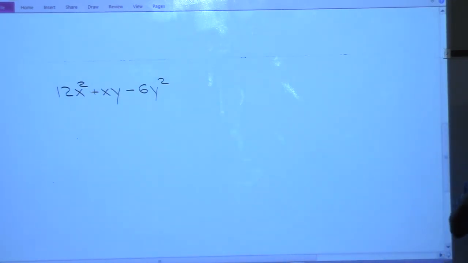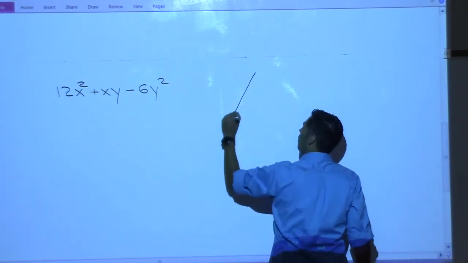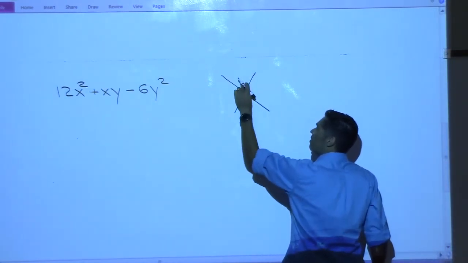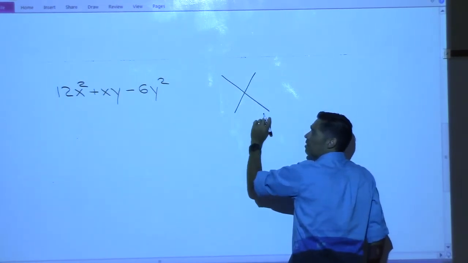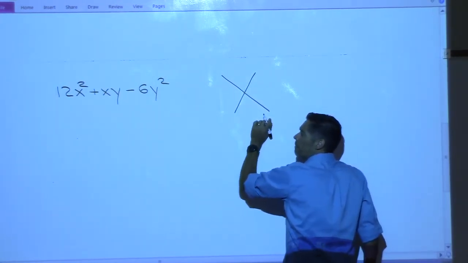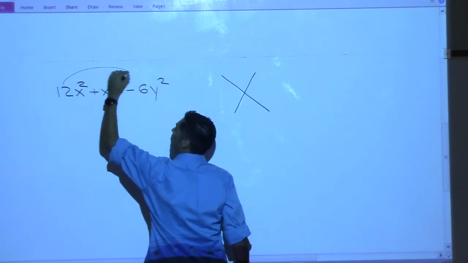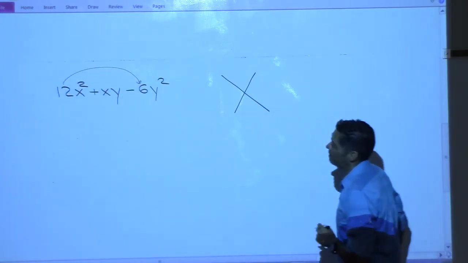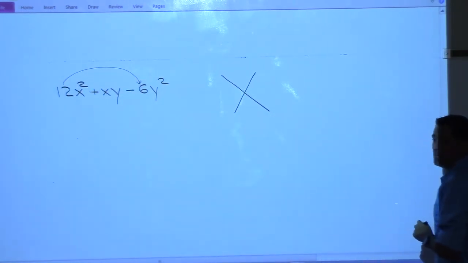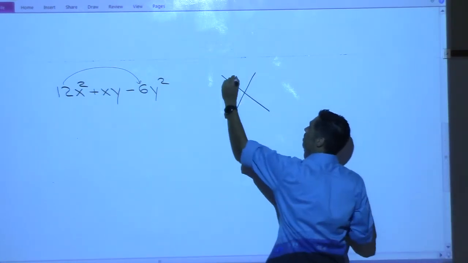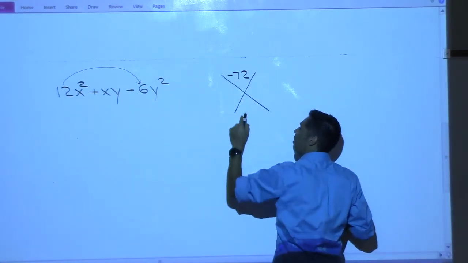Okay, so let's see if the AC method will still work. Let's just try it. So I'm going to come over here. What number is going to go here? What number do you think is going to go here? Take that and multiply it times that, right? So what is that? Negative 72. And then what number goes here?